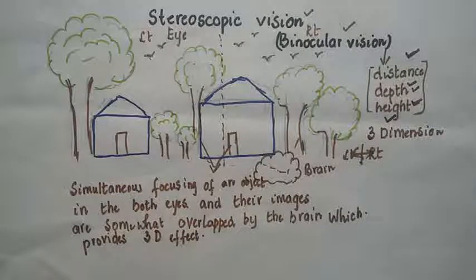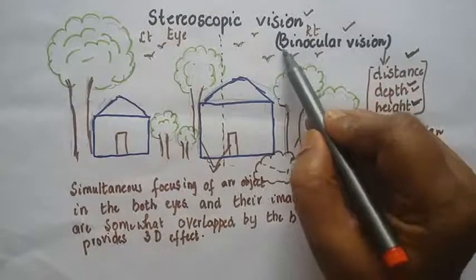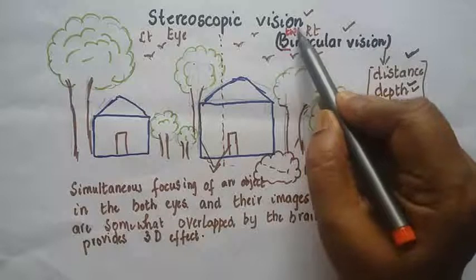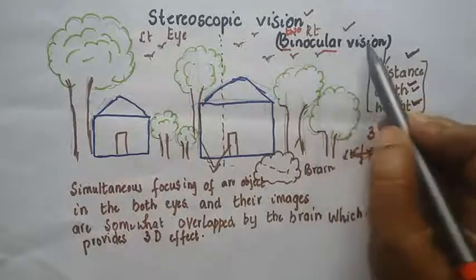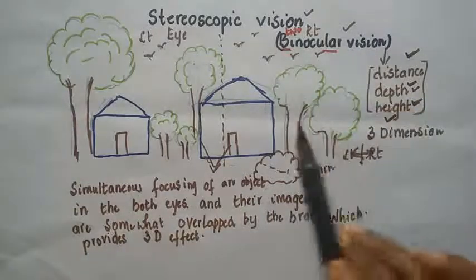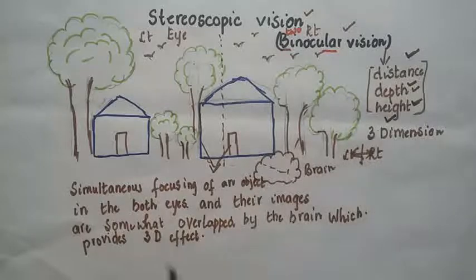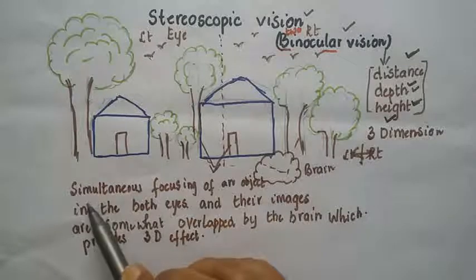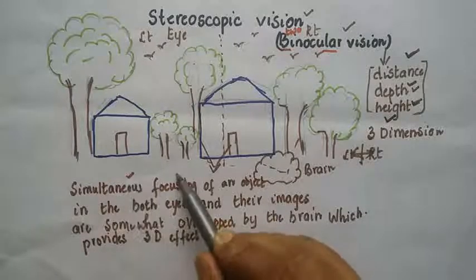Okay, now children, so how do we define the word binocular vision? Children, look at the word, bi means 2. So it means 2 images. Because of 2 eyes, we are able to have a 3D effect. Okay, so how do we define the word stereoscopic vision? So it is the simultaneous focusing.